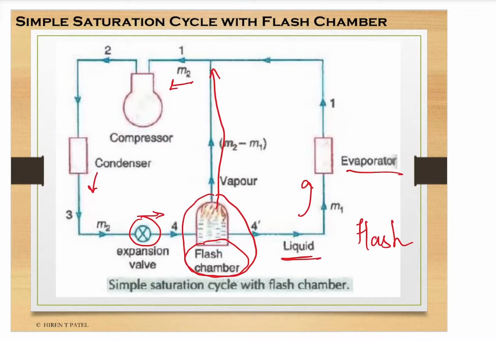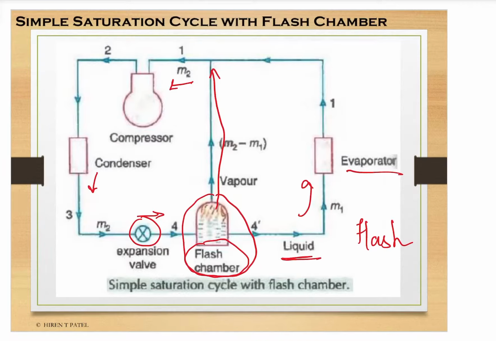The benefit of using it is that the cooling effect produced inside the evaporator will be higher, so the system does not have to do more work. The flash chamber is an insulated container and it separates the liquid and vapor due to centrifugal effect. So the mass of the refrigerant passing through the evaporator reduces.